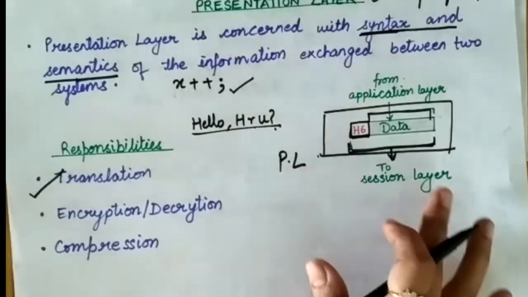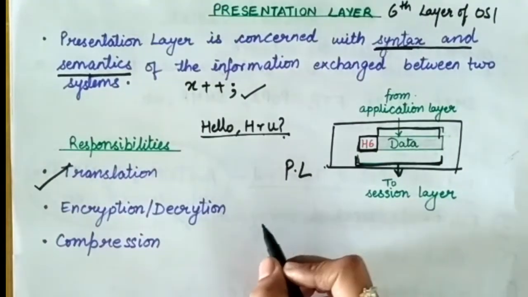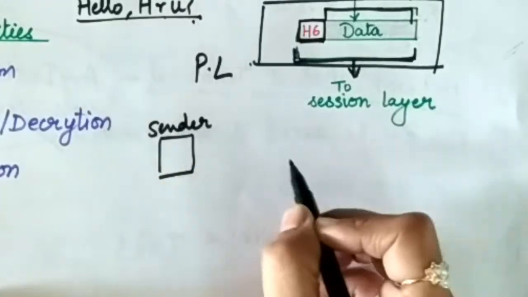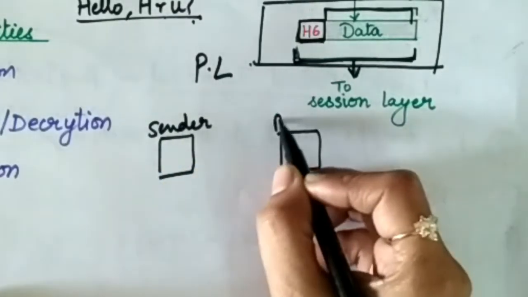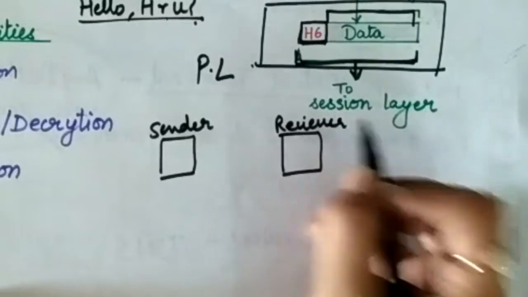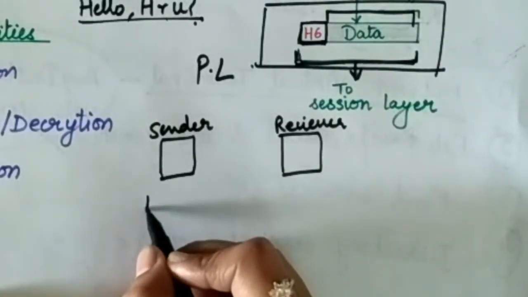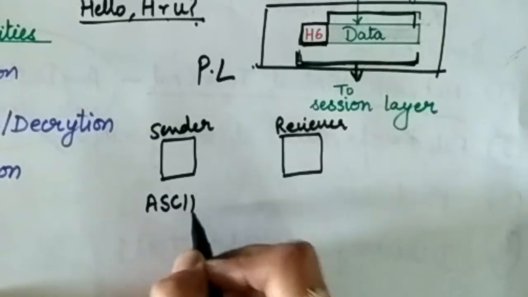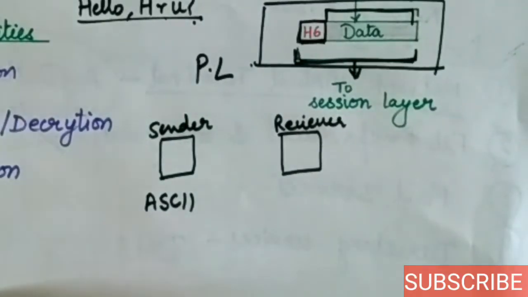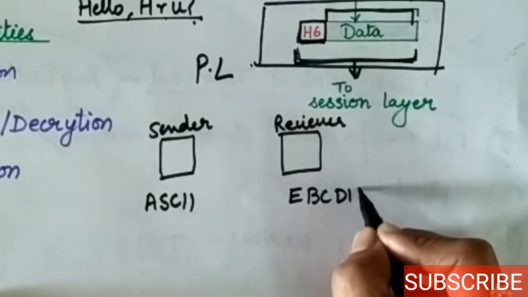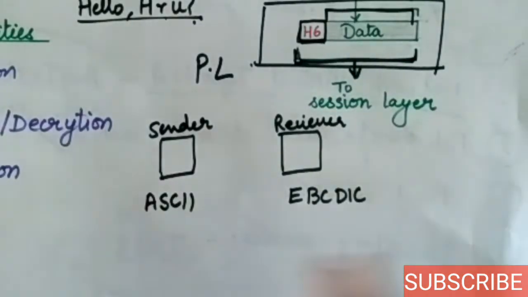Suppose this is me, the sender, and this is you, the receiver. My computer uses the ASCII encoding method, and your computer uses the EBCDIC encoding method. It means different encoding methods are being used by you and me, our computers.